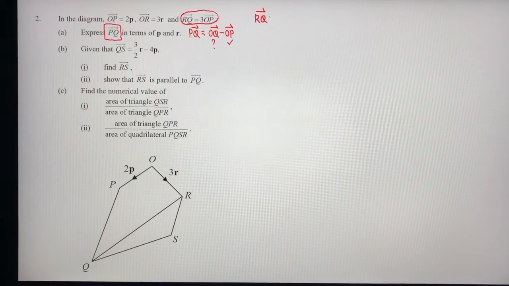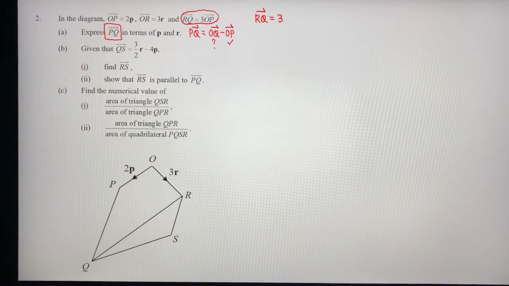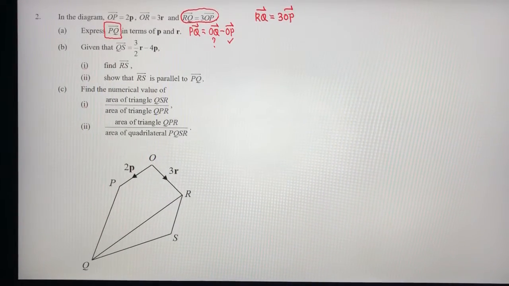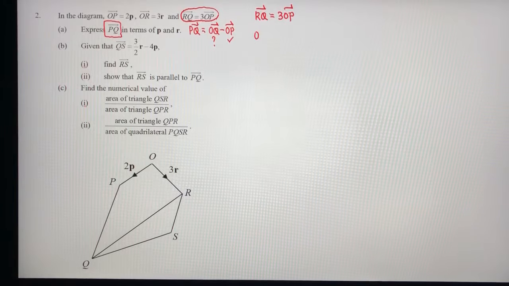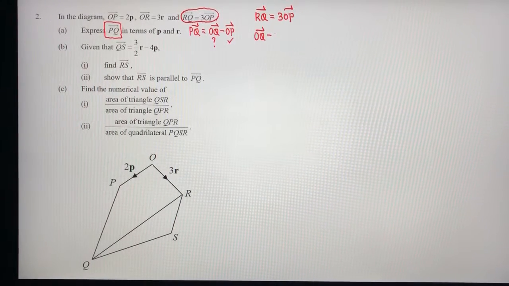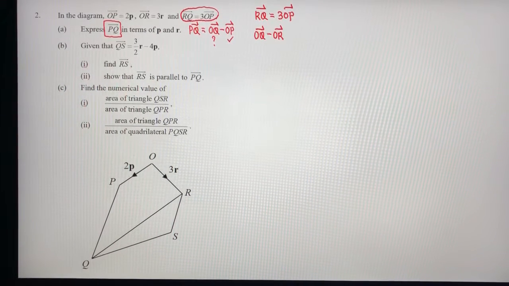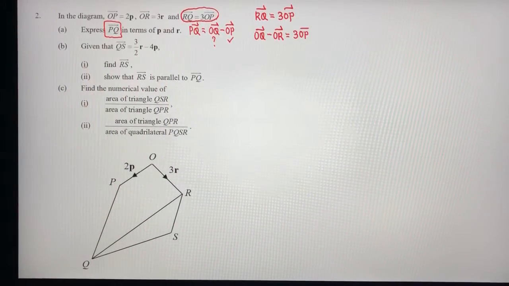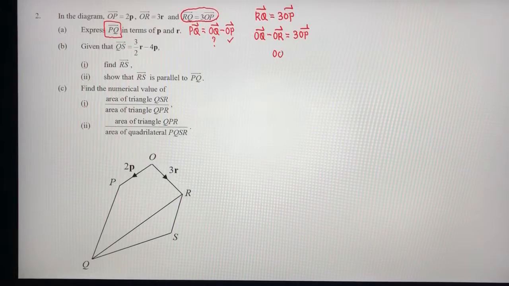So we'll make use of the relation RQ equals 3 times OP. When we take a look at the left-hand side of the equation, we're able to resolve the vector RQ to become OQ minus OR. And the right-hand side of the equation remains as 3 times OP.